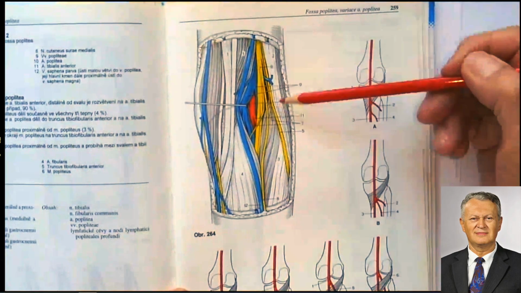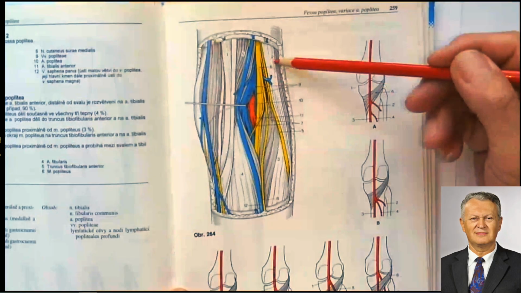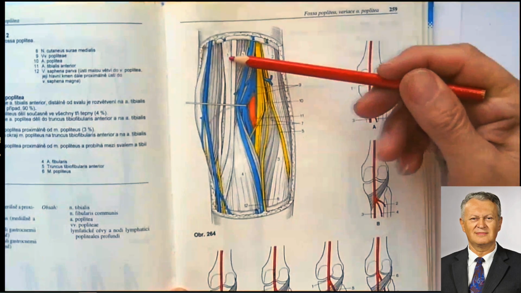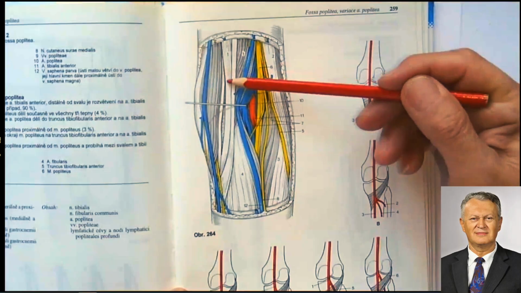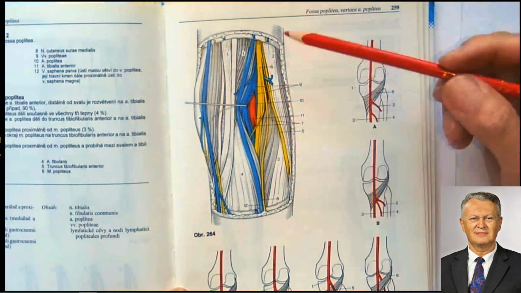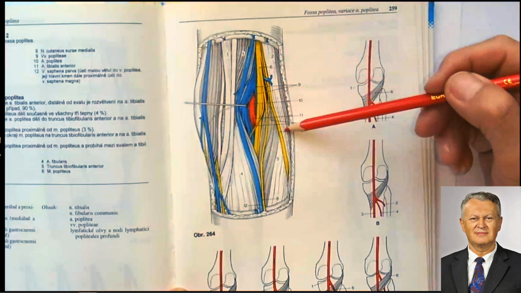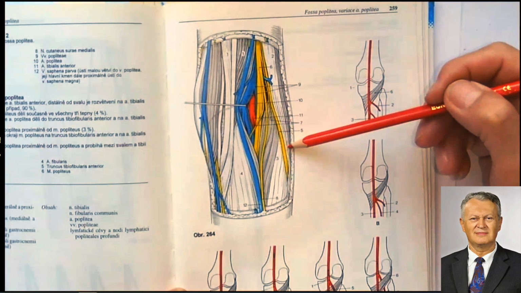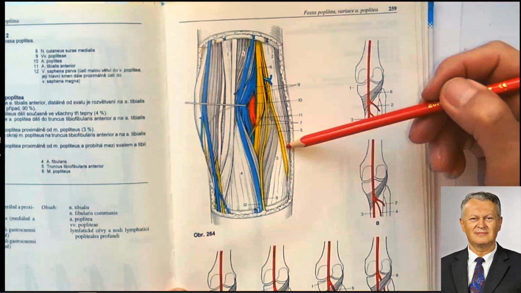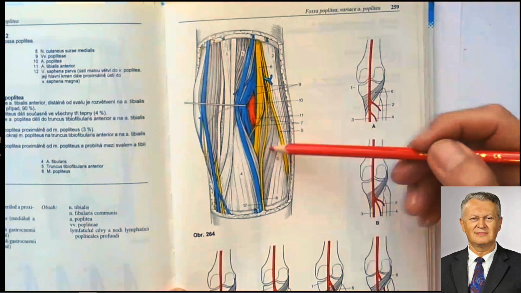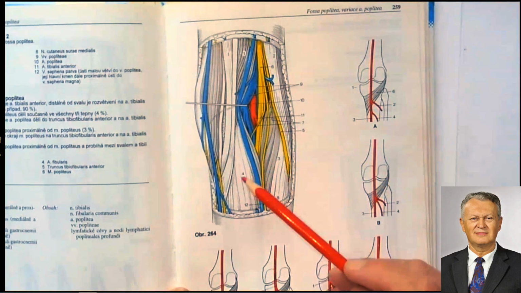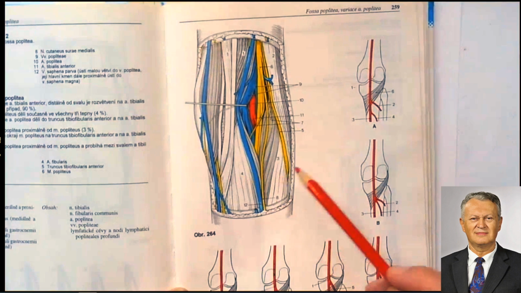I will draw better boundaries. There are flexors proximally, semitendinosus, semimembranosus. Then laterally is the biceps femoris attached to the head of the fibula, and distally are two heads of the gastrocnemius, lateral gastrocnemius and medial gastrocnemius.